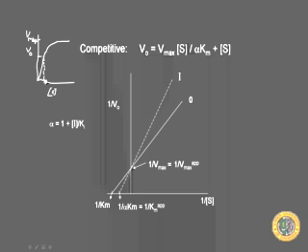So we went through all of this, but if we take the double reciprocal of the equation, we can plot those values and go from a hyperbolic to a linear relationship between the reciprocal of V0 and the reciprocal of substrate concentration.